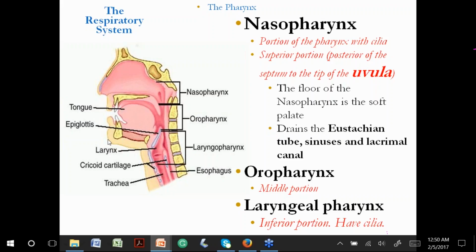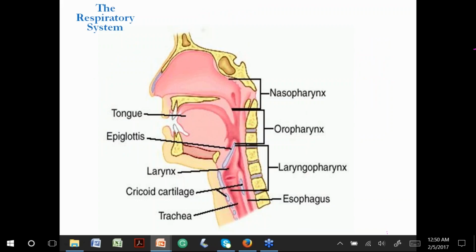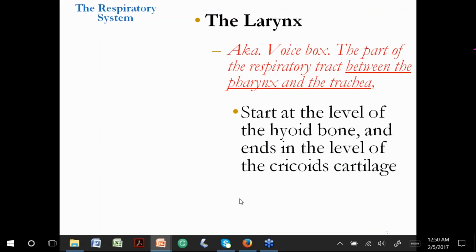Okay, then we have the oropharynx, which is the middle portion, and the laryngopharynx, which is the inferior portion, where we have all the cilia already working to get rid of the dust. Okay, let's keep going.